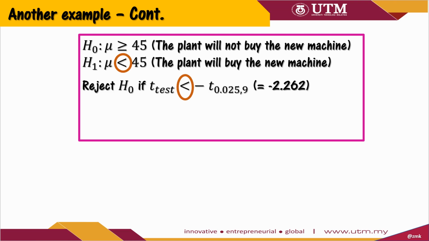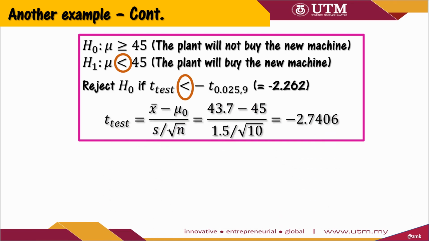After stating the decision rule, next is to calculate the test statistic, which is the t-test, defined as the sample mean x bar, which is 43.7, minus the mu value under H0, which is 45, divided by the sample standard deviation S, which is 1.5, over the square root of the sample size 10.